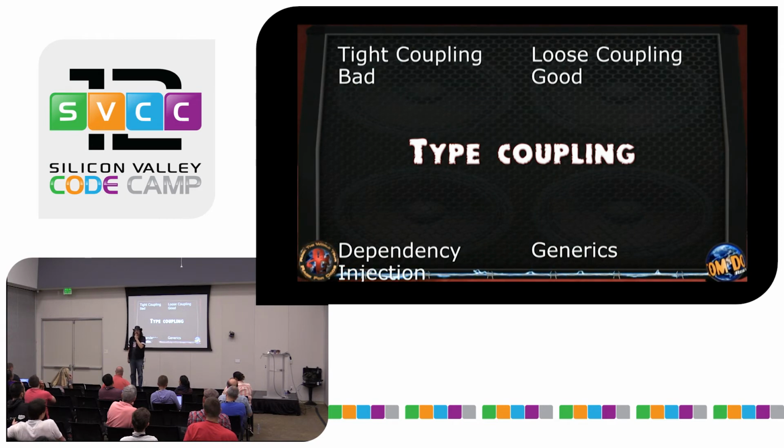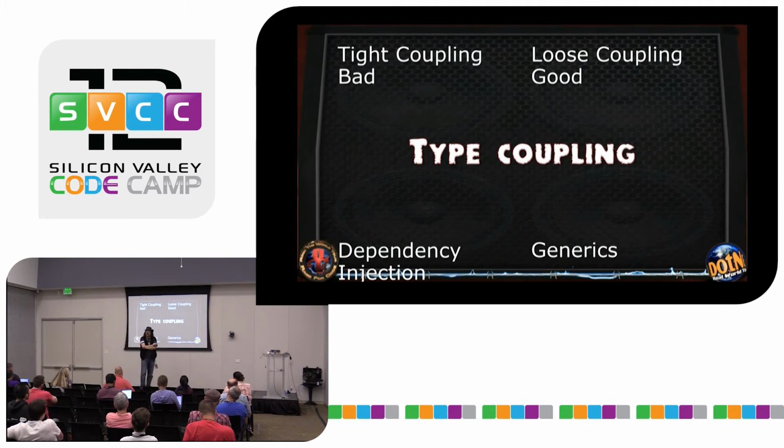Cyclomatic complexity is calculated based on the number of paths that the code can take in a method. So if you have a method with 3 parameters and you have a bunch of if statements, the cyclomatic complexity is the calculation of how many different paths the code can take in your method, okay? That's cyclomatic complexity.